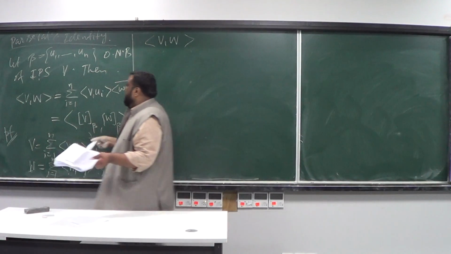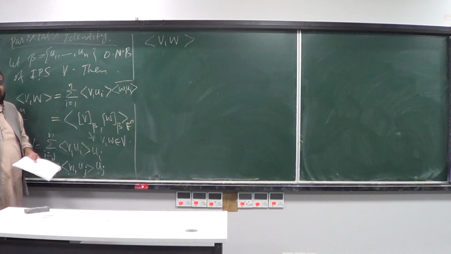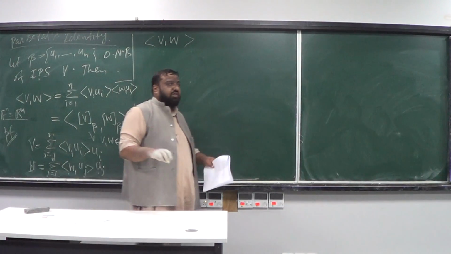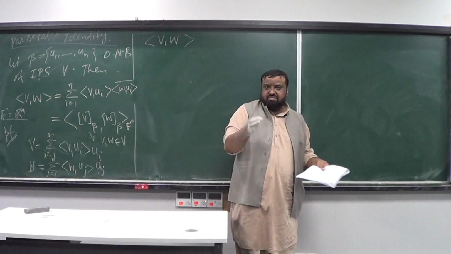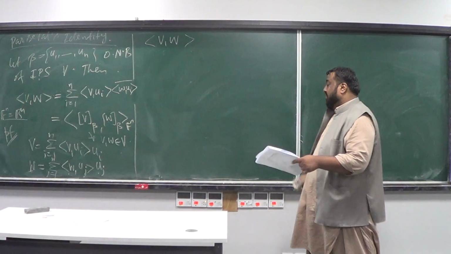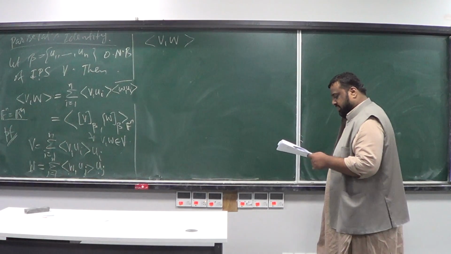By Fn I mean Rn or Cn, so F is R or C. So what is the inner product in Rn? It's simply the dot product. Or if it is Cn, it's going to be a bit different: x dot y conjugate, actually.